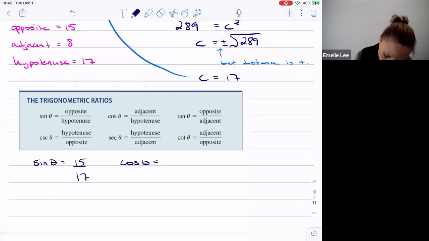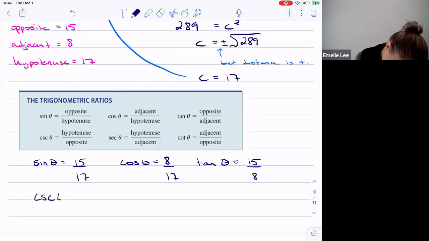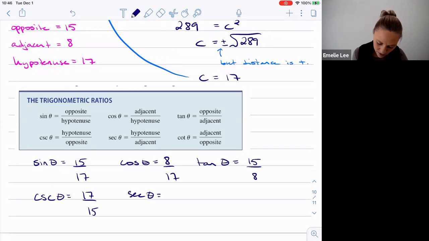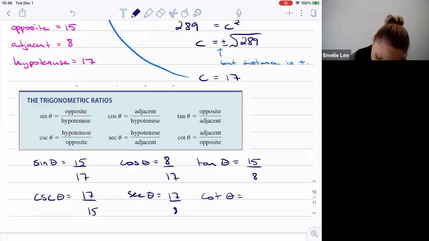Cos theta is 8 over 17. Tan theta is 15 over 8. Cosecant theta is the hypotenuse over the opposite, 17 over 15. Secant theta is the hypotenuse over adjacent, 17 over 8, and cotangent theta is adjacent over opposite, 8 over 15.